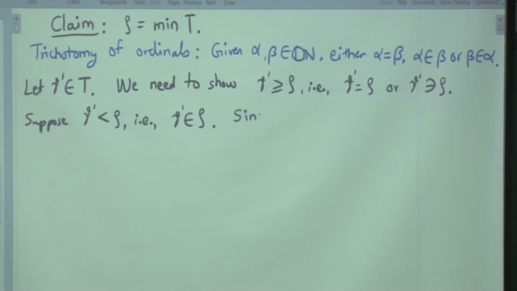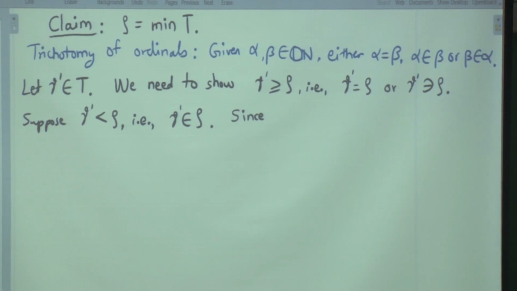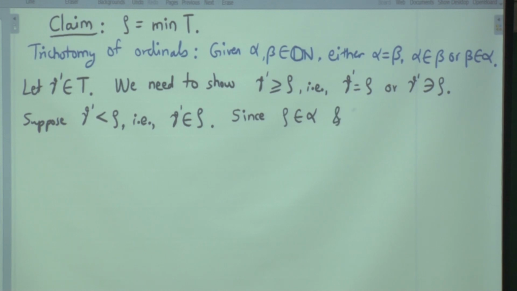Since rho belongs to alpha and alpha is transitive, rho is a subset of alpha. Yes? Are you clear about this? Rho is some particular element of alpha, therefore rho is also a subset of alpha. So in particular, what can we say about gamma prime?